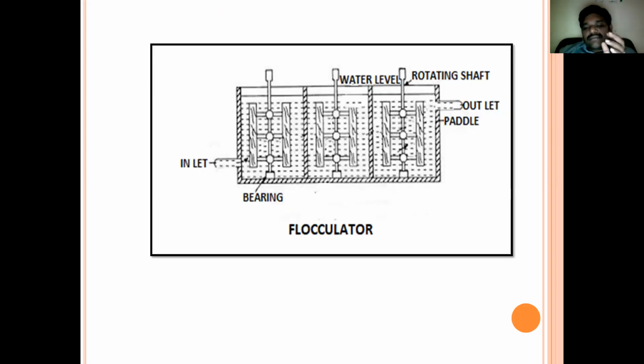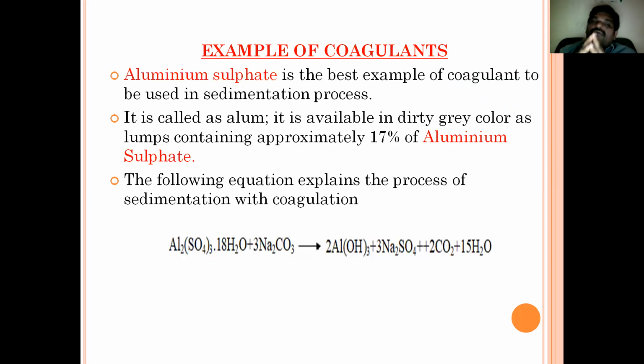Next one is examples of coagulants. See here, aluminum sulfate is the best example of a coagulant. I have given only one example so that you can easily understand and remember. Used in the sedimentation process, it is called alum. It is available in dirty gray color as lumps, which has 17% aluminum sulfate.